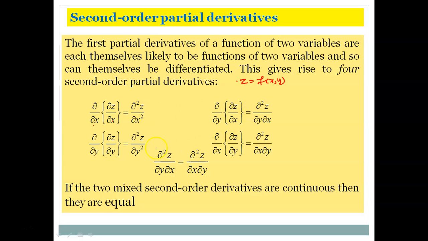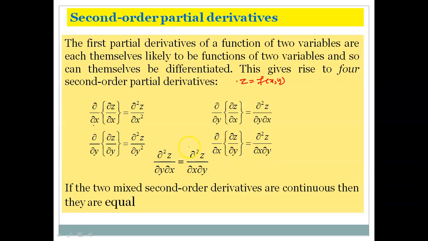Similarly, del square z over del y square. Now, these are the mixed partial derivatives. When you differentiate this one with respect to y, we get del square z over del y del x. Also, when del z over del y is differentiated partially with respect to x, we get this.